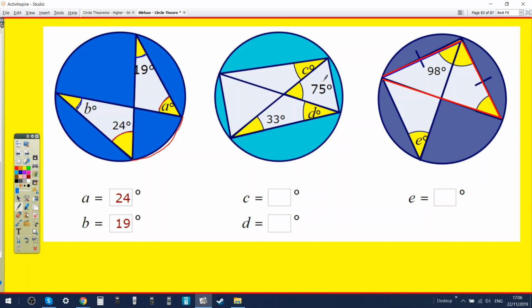So let's say this middle question, you have to find the angle C and the angle D. Is 33 equal to C? I don't think so. I think this one up here is 33. Any idea how you can find C or D?